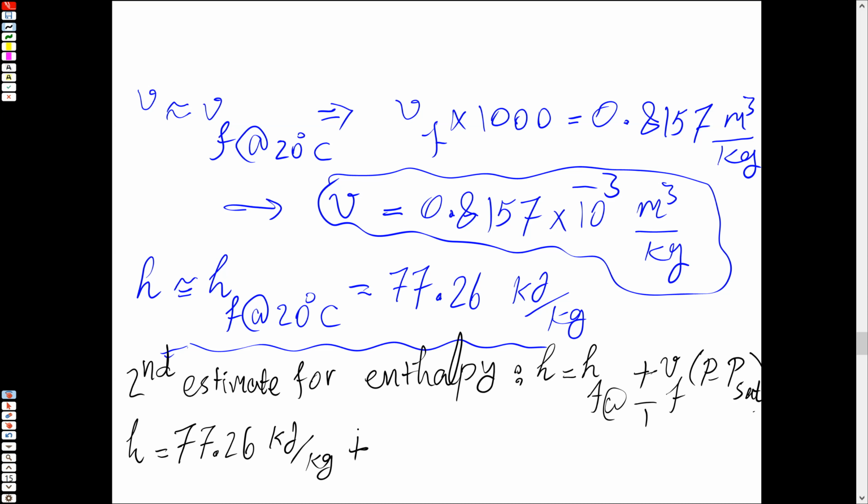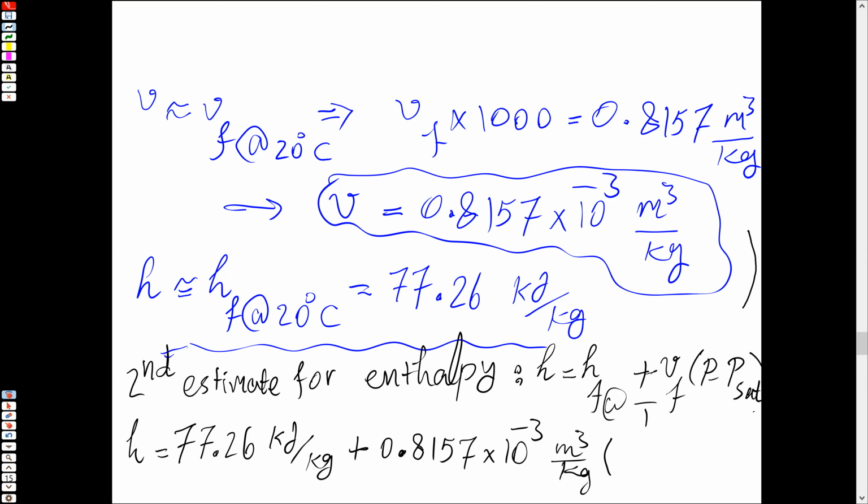plus VF, which was 0.8157, times 10 raised to power -3 cubic meter per kilogram, times, pay attention to the units of the pressure.